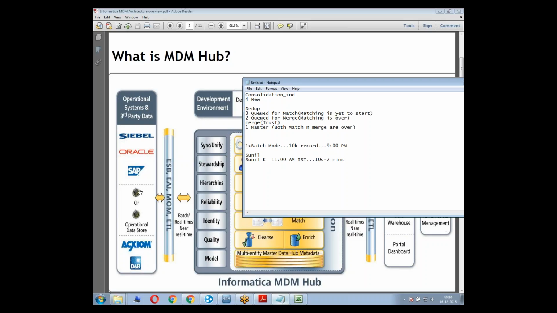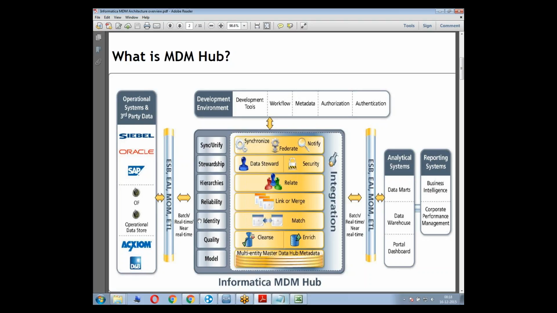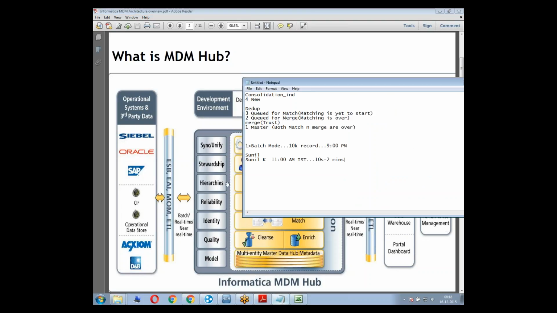In this case, this is our source and this MDM is our target. So if there is any change in the name from Sunil to Sunil K, that should be communicated to MDM in real time. Normally the concept is real time. There are two things, real time and near real time. There is no concept of real time in non-transactional systems.